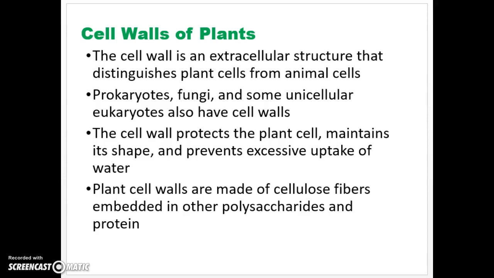So while we're thinking about plant cells, this is a good time to talk about the cell walls of plants. So that cell wall is outside. It's a structure that is surrounding the cell membrane, and it's an important part of plant cells. It distinguishes them from animal cells, but it is something that it has in common with prokaryotes. Also, fungi have a cell wall, and there are some unicellular eukaryotes that have cell walls, but most animal cells do not.